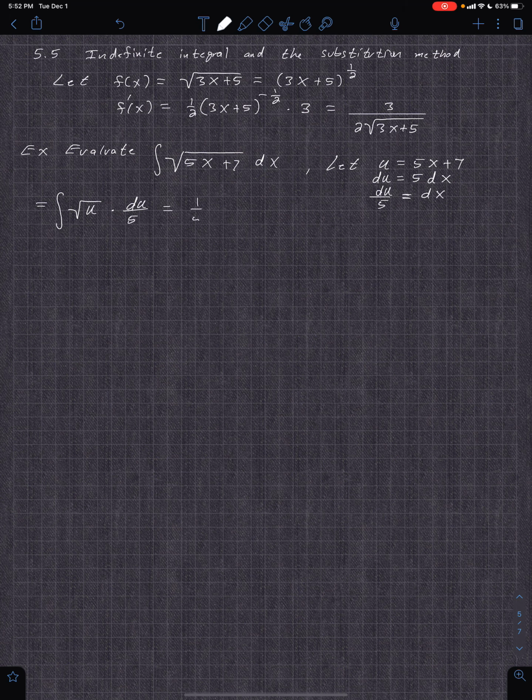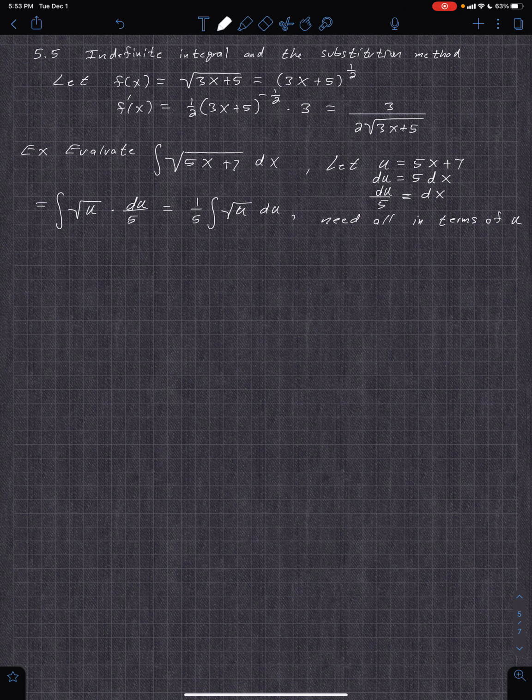You could factor out the 1/5, and then it's just the integral of the square root of u du. We need everything in terms of u. You cannot have x in that substitution. So need all in terms of u.